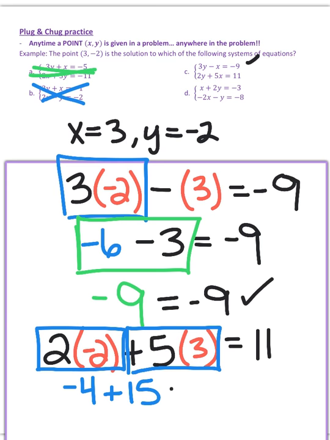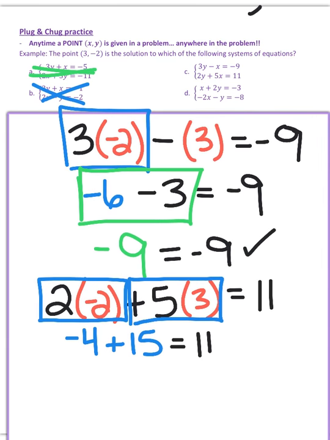So I have negative 4 plus 15, where if I add those, I'm going to box them in green because I have that plus sign. They have different signs. One is negative, one is positive. So therefore I subtract those numbers. 15 minus 4 is 11, and it's going to be a positive 11 because 15 was larger.